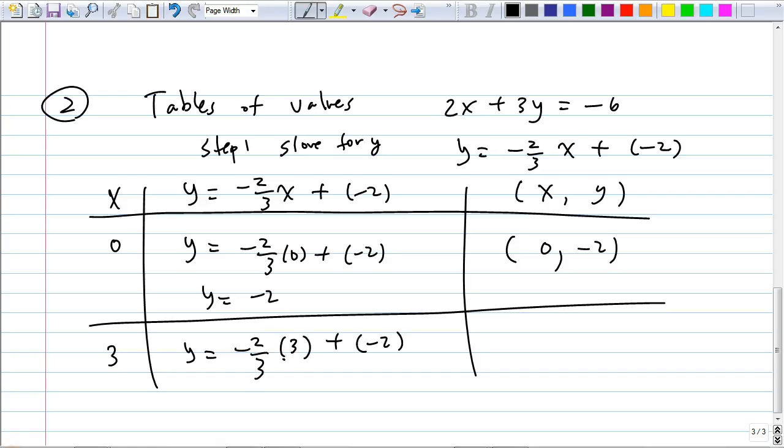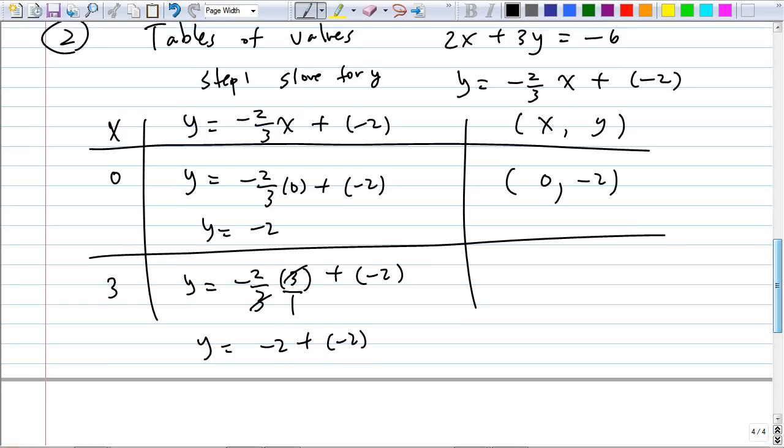Now 3 is really 3 over 1, and notice the 3's will cancel out. Did you see that? So you get y equals negative 2 plus negative 2, which is of course y equals negative 4. Not positive 4, but negative 4, right? So the ordered pair that we get, when x is 3, the y is negative 4.